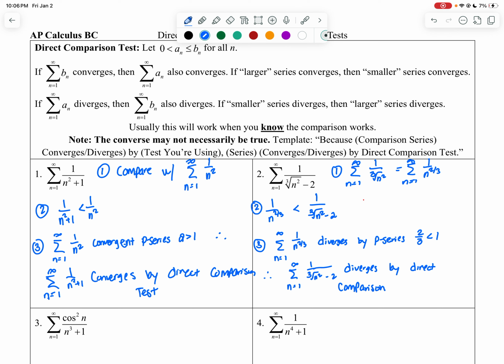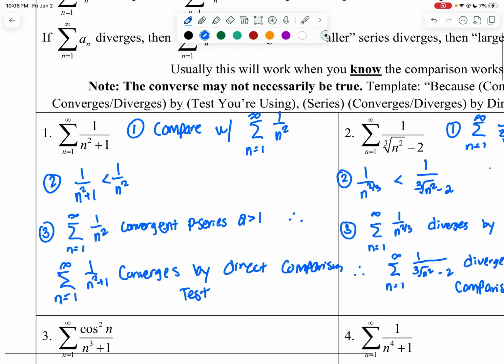Now, like I said earlier at the very beginning of the video, the converse may not necessarily be true, meaning that if you have a, let's say, convergent series right here on the left, and then your original series on the right, we can't do that.